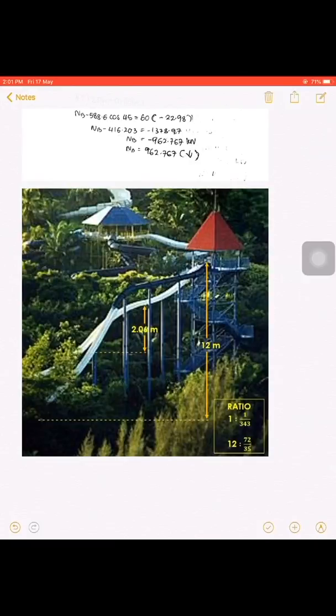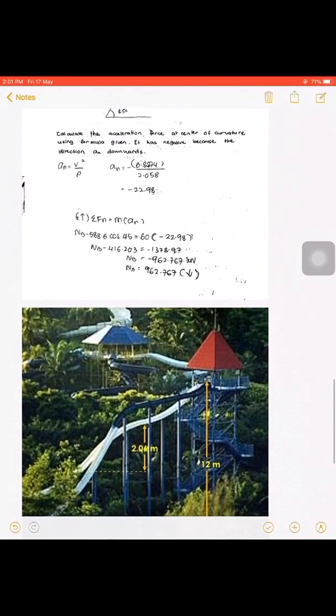We use a ruler to measure the radius of curvature, then make a ratio from the measurement to get the original radius of the slide, so we get the answer of rho.